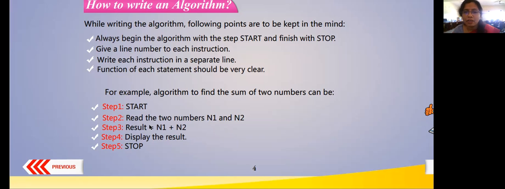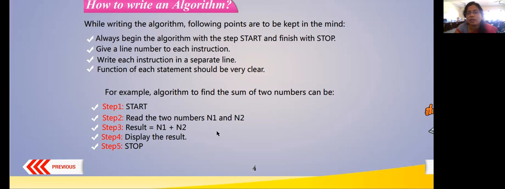Let's take an example of adding two numbers, the sum of two numbers. So how are we going to do it? We tell the computer: start. Read the two numbers n1 and n2. Why am I taking n1 and n2? Just for example, I can add any numbers.